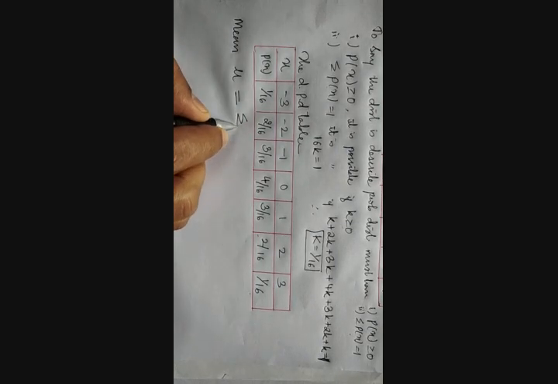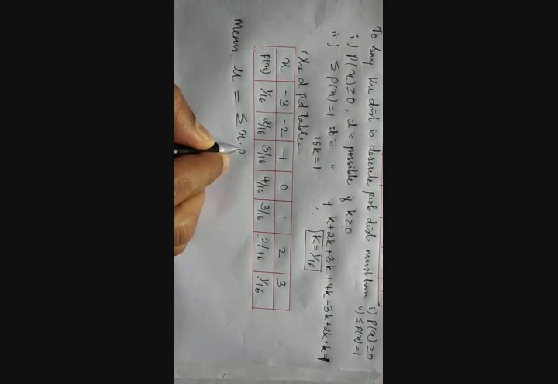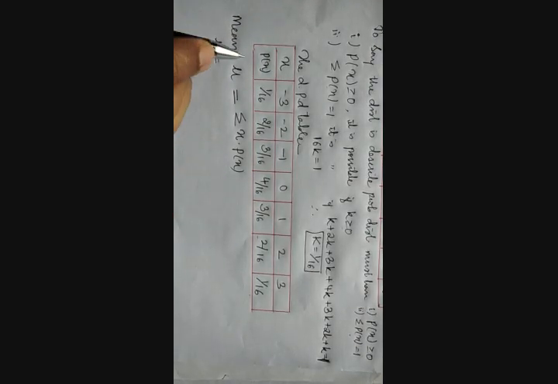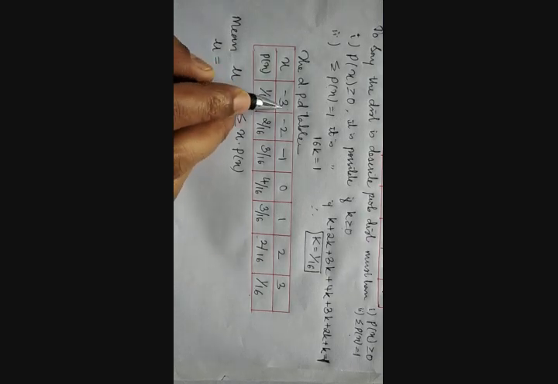What is the formula to calculate mean? Summation of x into p of x. Therefore, mu is equal to summation of x into p of x. This is x, this is p of x. Therefore, this into this, we take all summational values.